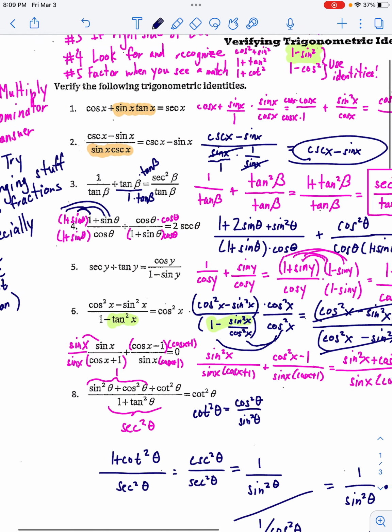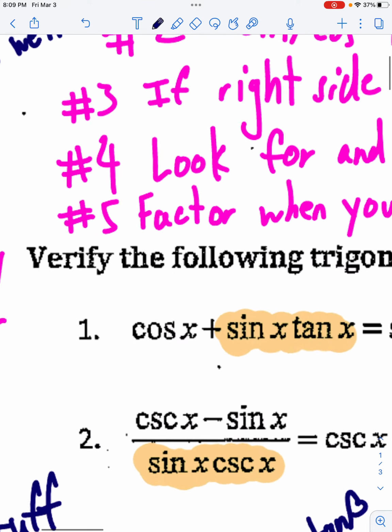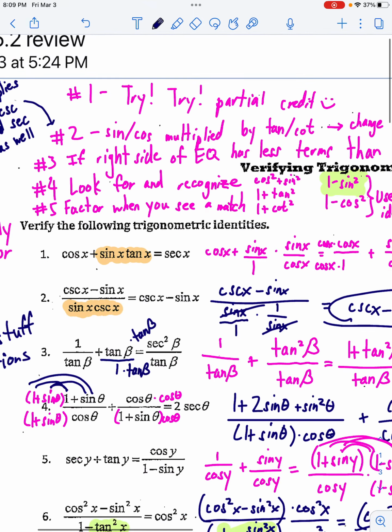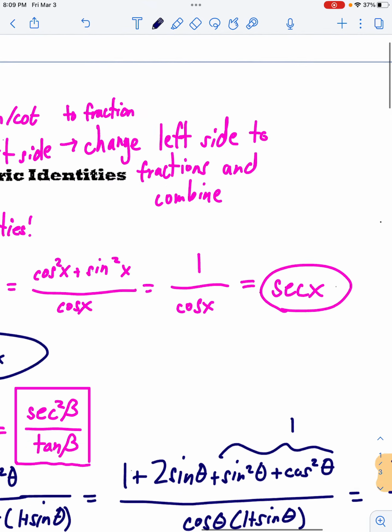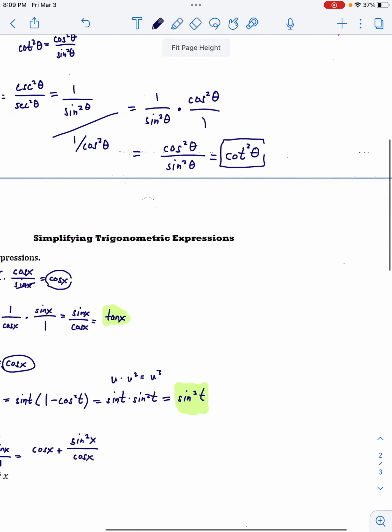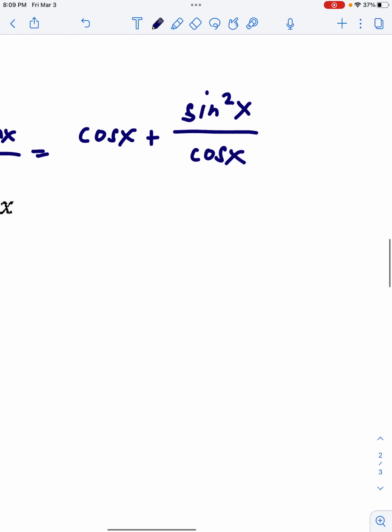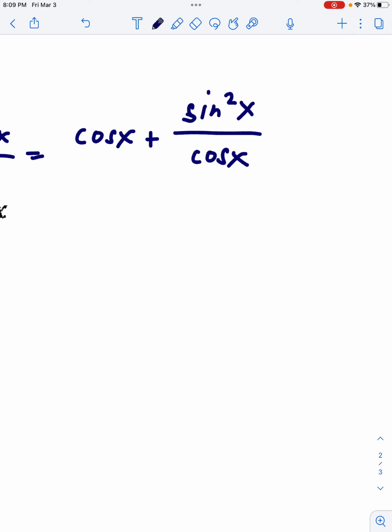Again, use that trick number 3. We don't have equations down there, but we still do have change stuff into fractions and combine. Teachers love having you do that. If you're stuck on where to go next, and you have multiple terms, just try changing them into fractions with the same denominator and add them, okay? So this cosine x here is the same as cosine x over 1.